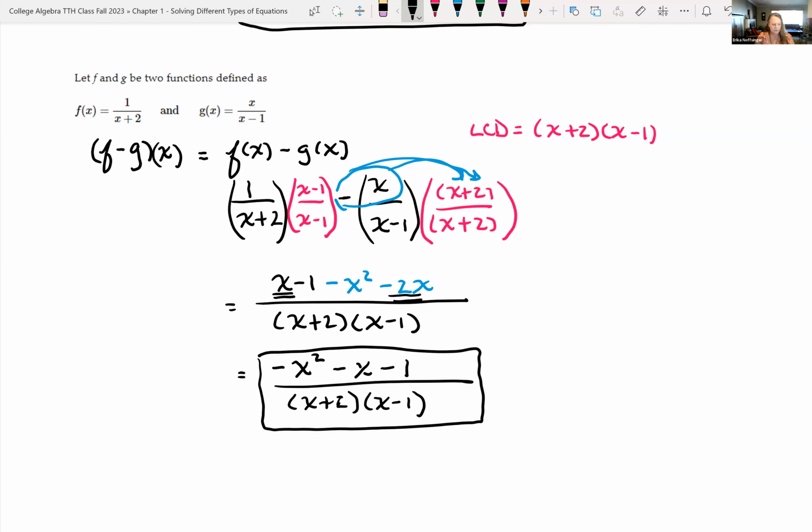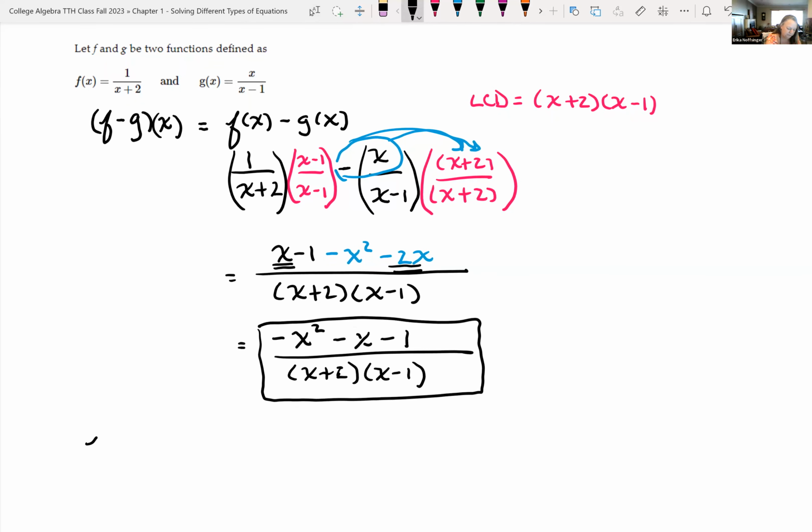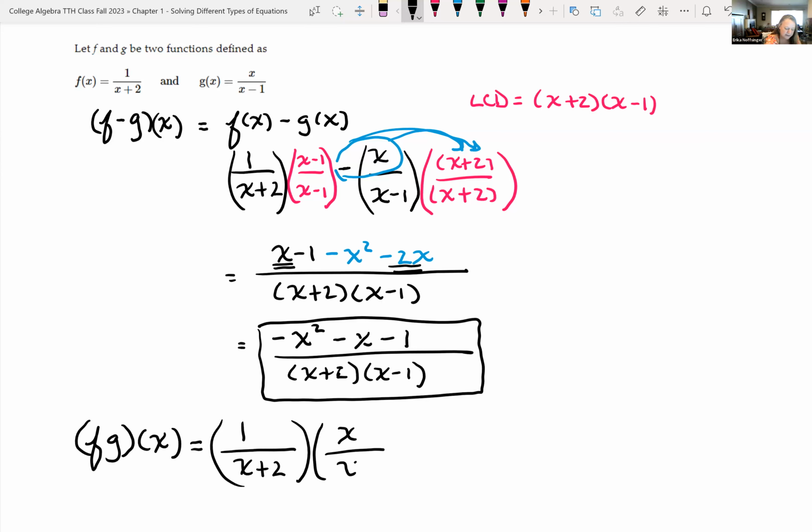So the next piece wanted us to multiply our two functions. Actually that's easier than what we've been doing. If I want to look at f times g of x, I'm just looking at my f of x function, which is 1 over x plus 2, times my g of x function, which is x all over x minus 1.